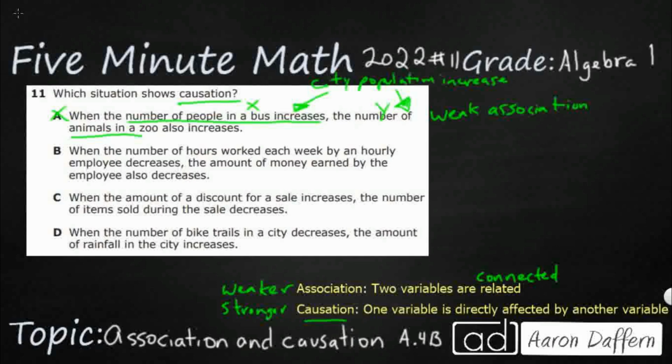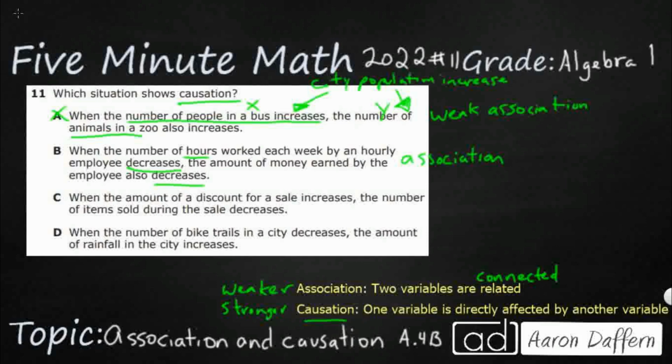B: When the number of hours worked each week by an hourly employee decreases. Okay, so we have an hourly employee, like maybe someone working fast food, and the hours decrease. The amount of money earned by the employee also decreases. Well, that's definitely an association, because if you're an hourly employee, the number of hours you work affects how much money you make.